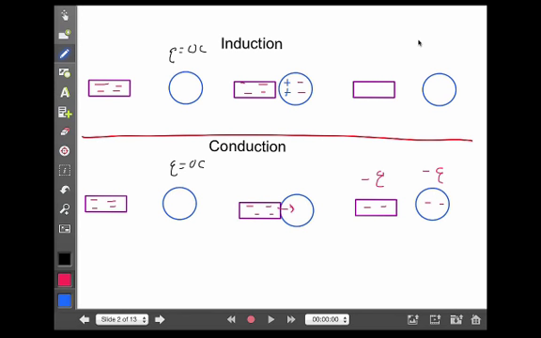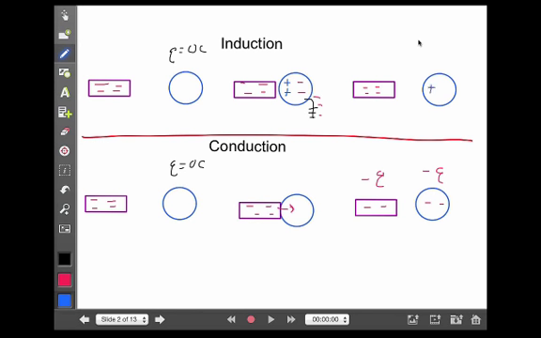Now, while that occurs, if you then do what's called grounding one side of the object, by sticking, for example, a wire here, it allows the charge that's on that one side a place to go. In other words, it wants to leave and go to the ground. And then you disconnect it from the ground, and what you have is still a negatively charged object. Now notice, it didn't lose any charge because you never made any contact.